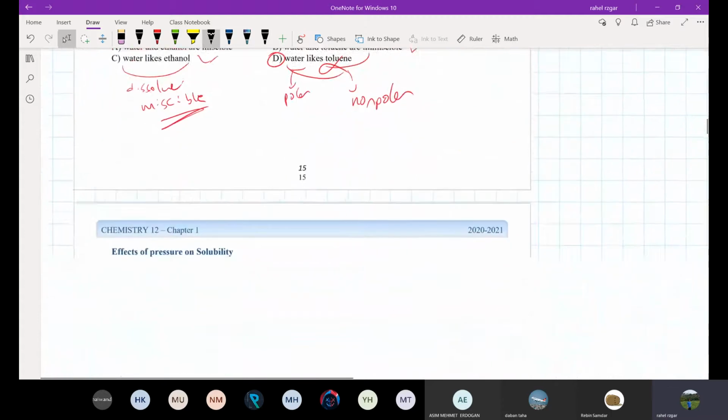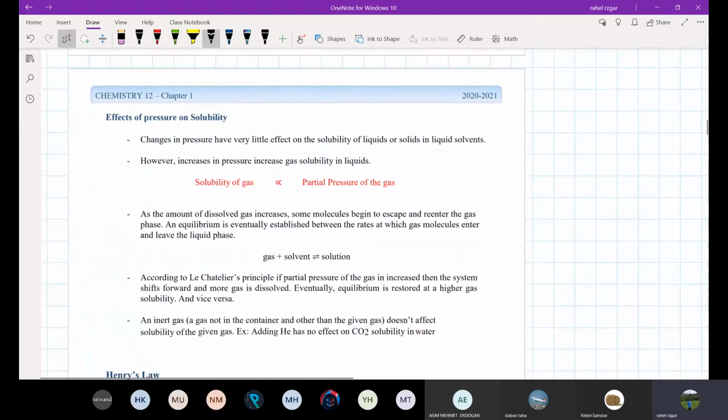So that was yesterday's subject. Until now, what we have studied throughout the solution process was first the rate, second solubility, third interaction. We are done with those three.